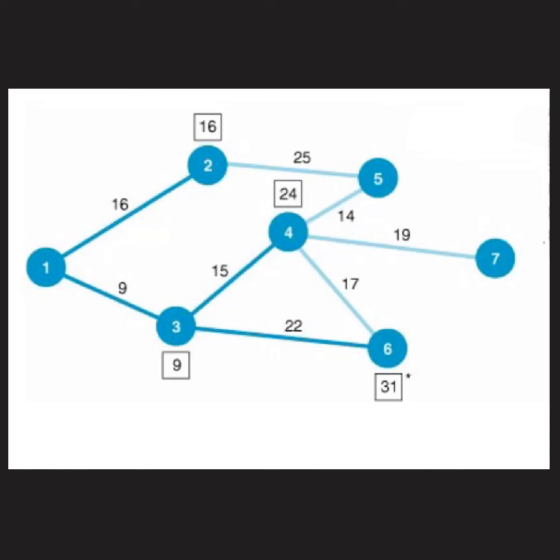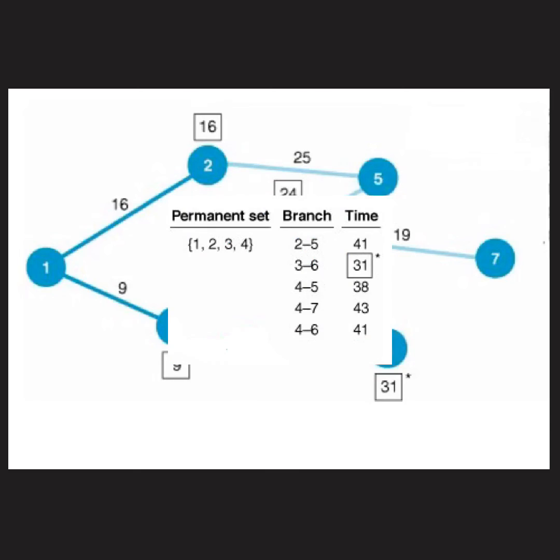Next, we will repeat the process of determining the nodes directly connected to the permanent set of nodes. These directly connected nodes are 5, 6, and 7, as shown in the figure. Notice in the figure that we have eliminated the branches from nodes 1 and 2 to node 4 because we determined that the route with the shortest time to node 4 does not include these branches.